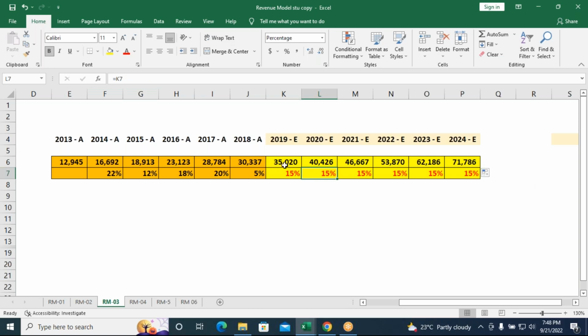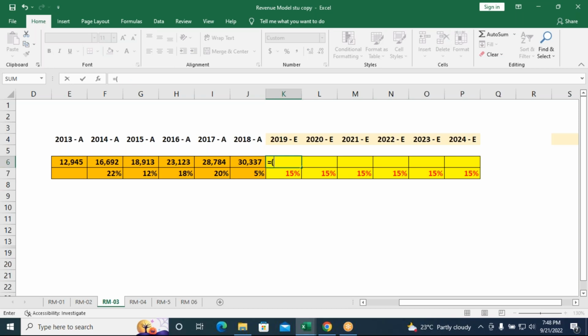Yes, ma'am. So now what we have to do is, try this: equal to, open the parenthesis. Your previous year, that is 2018's value, is 30,337 into 15%, close the parenthesis, plus this value should be added to the previous year value only. Enter.